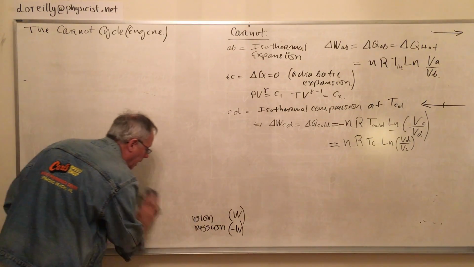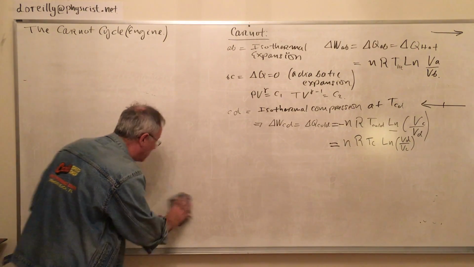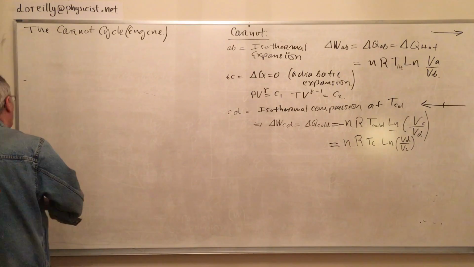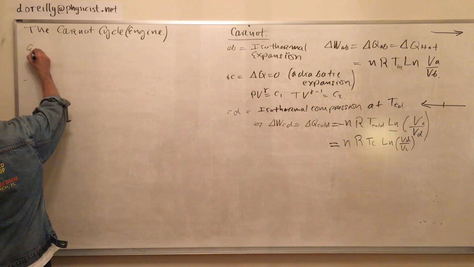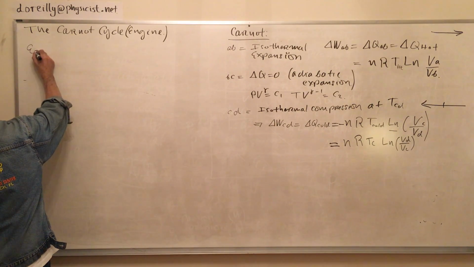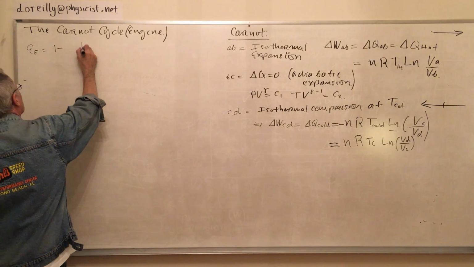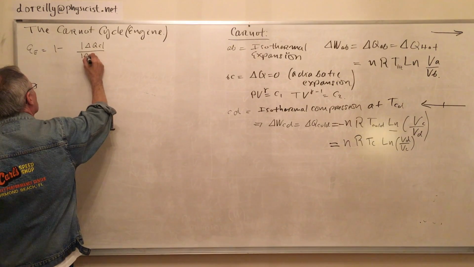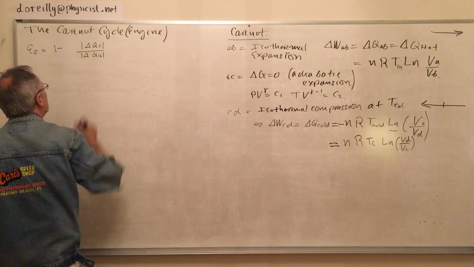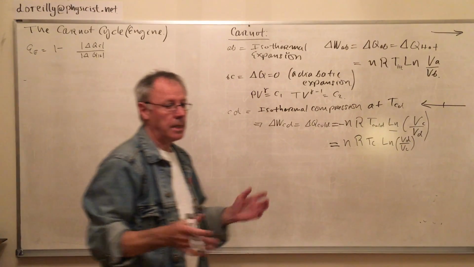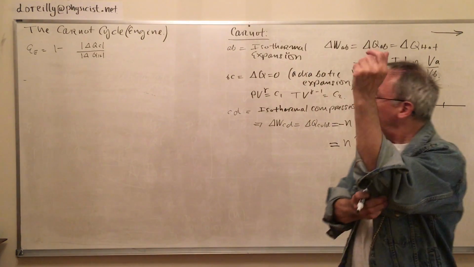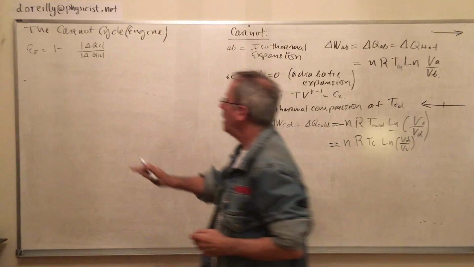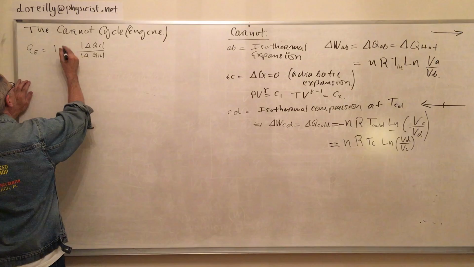Now, I don't need to look at diagrams because I can keep the details in my head because it's rather trivial, but we need the efficiency. Now, you know I'm using absolute values. That's just a technicality. Don't worry about it. Now, we need the efficiency of the Carnot engine, and the efficiency of a Carnot engine is no different than any other engine.